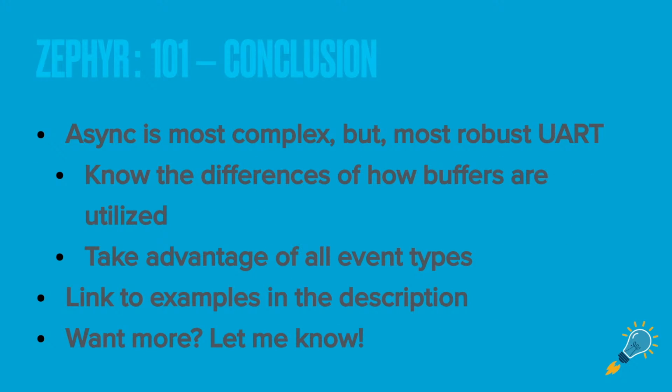It is the most complex, but it's also the most robust. When I was using some of the other options, the interrupt driven and the polling versions, I was having a lot of trouble getting the correct number of bytes that I wanted for different things. That's when I first started playing with this, like 2 or 3 years ago.